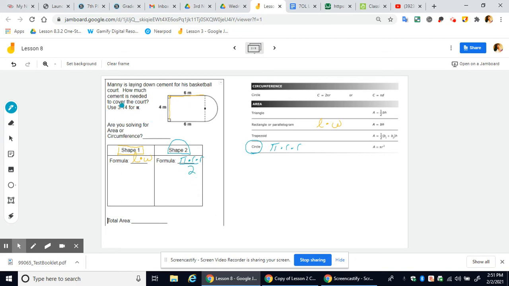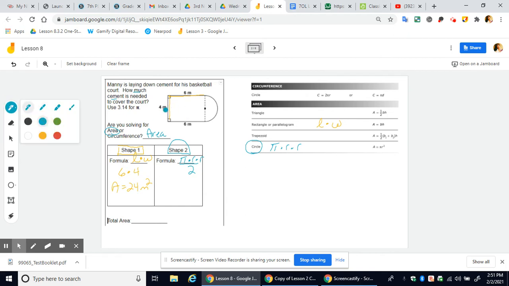So let's go ahead, and if we're putting cement to cover this entire court, what am I solving for? Well, this tells me I'm solving for area, okay? So let's go ahead and handle the rectangle first. So my length and width, if I substitute, is 6 times 4, and that gives me an area of 24 meters squared just for this part.